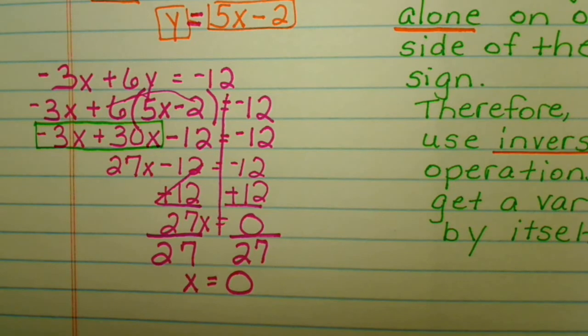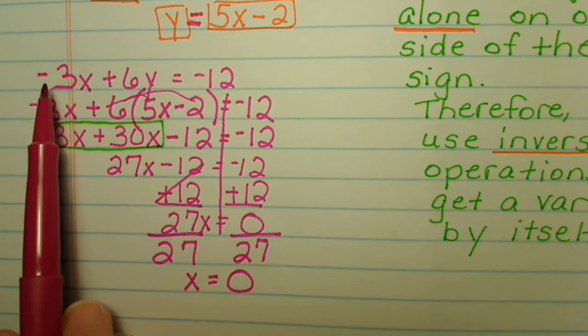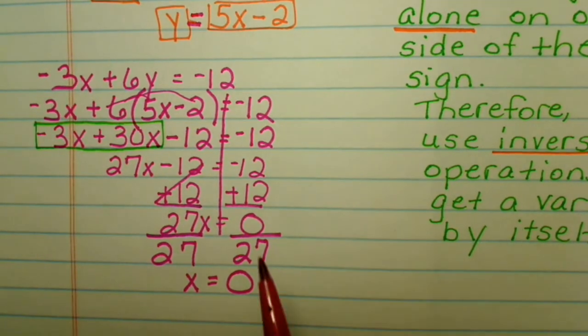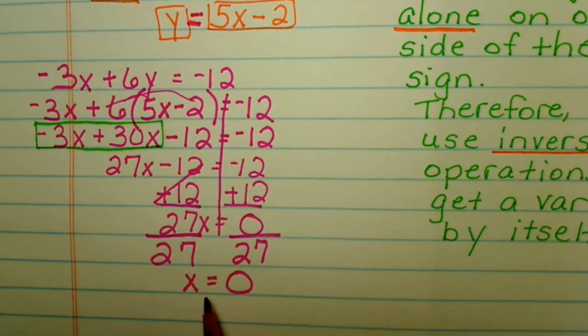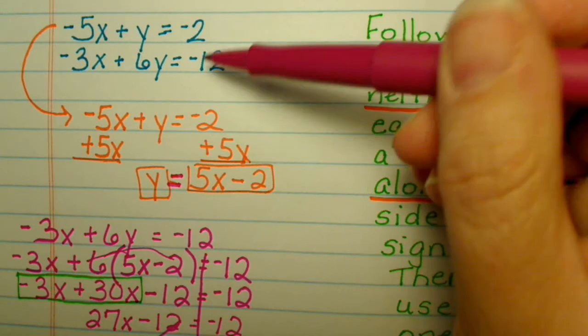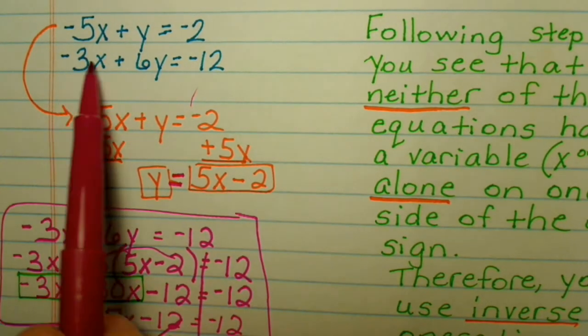All right, now we're on step 4. This is on the front of your paper, the fourth step. We're going to substitute the value of that variable into the other equation. So we just use the one that has a negative 3x, and we solved all of this using that one.